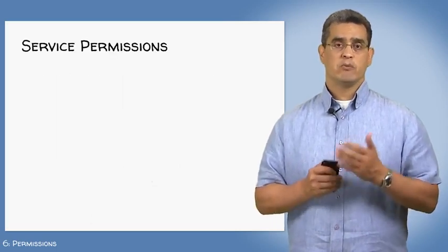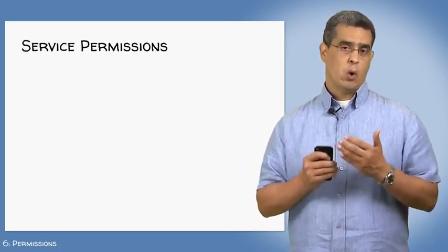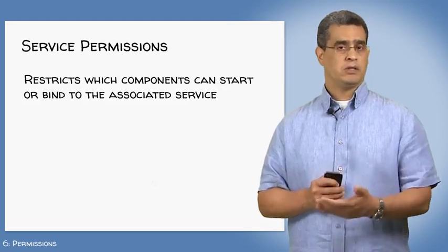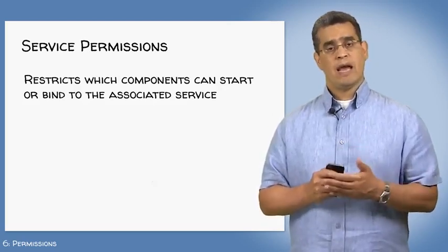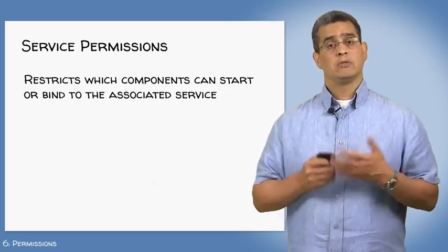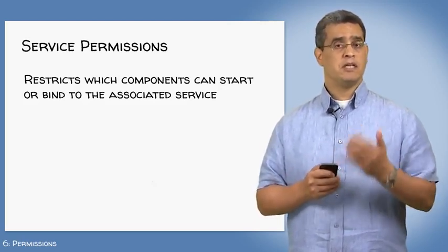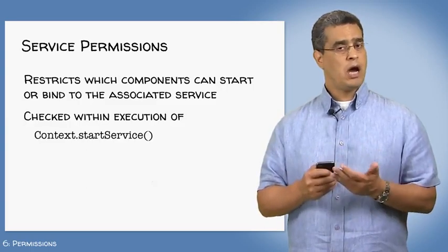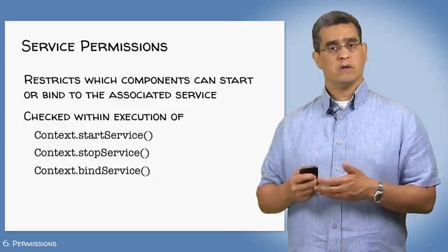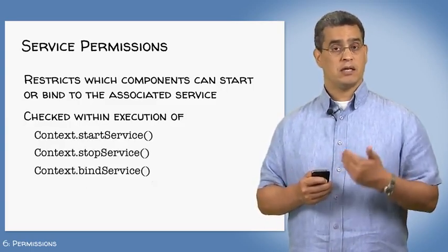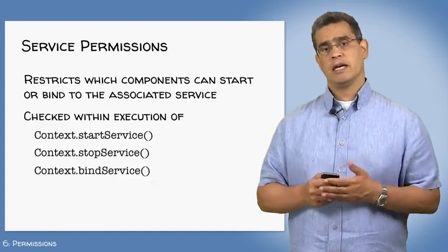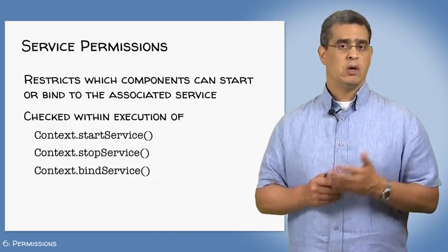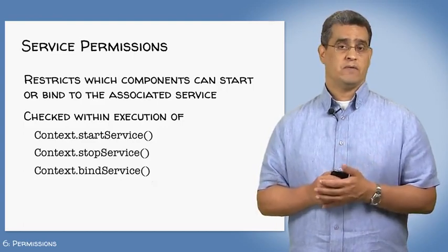Service permissions restrict which components can start or bind to an associated service. Now, we haven't talked about services much yet, so I'll just mention that these permissions are checked when requests are made to start, stop, or connect to services using methods such as Context.startService, Context.stopService, or Context.bindService.